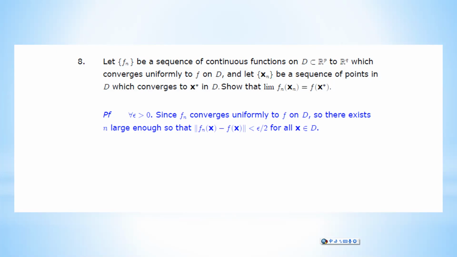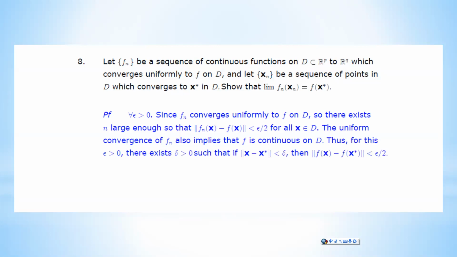Now let's note that uniform convergence of fn implies that f itself, the limiting function, is also a continuous function. And now I have a sequence of points xn, so I'm going to relate that sequence with the continuity of the limiting function f.